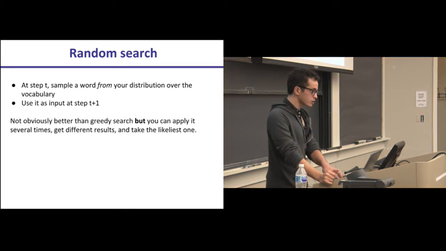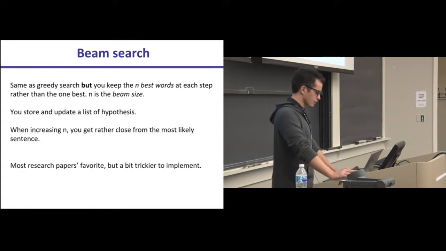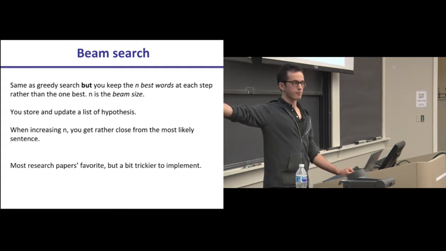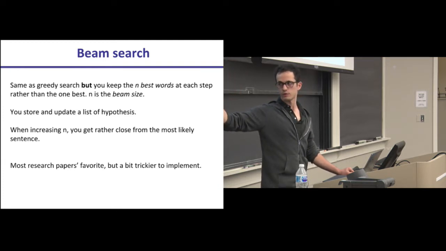But the one you see most in all of the papers about text generation is beam search. So beam search is pretty much the same principle as greedy search, except instead of taking the one argmax at every step, you keep the n best ones. So let's say 10. At step 1, you take the 10 best candidates for W5.